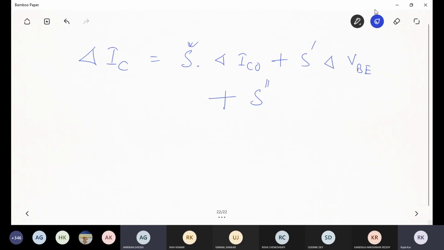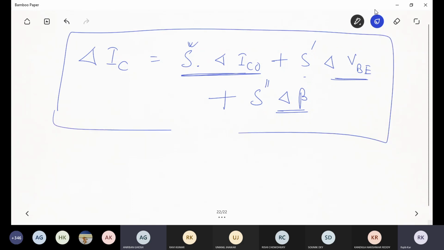The third contribution is due to beta. So change in beta multiplied by S double dash, change in IB or VBE multiplied by S dash, and change in collector leakage current multiplied by S. These together will give you the total change of collector current.